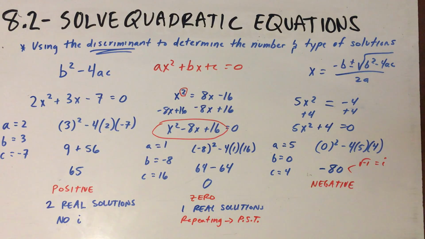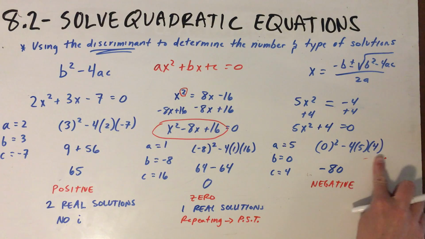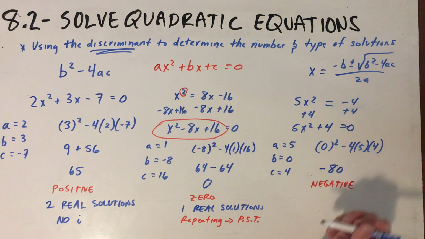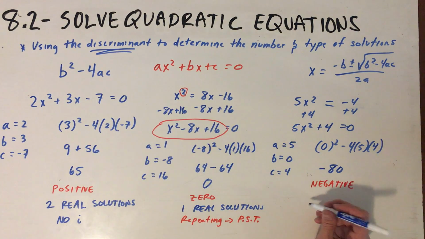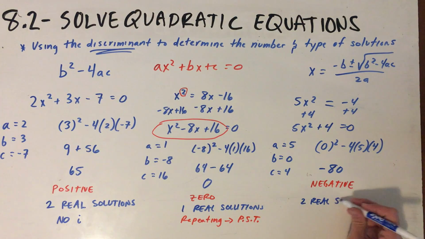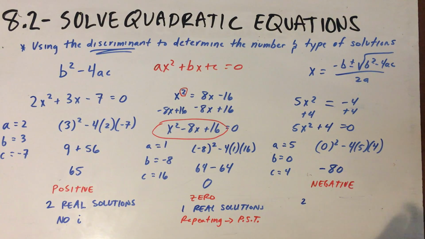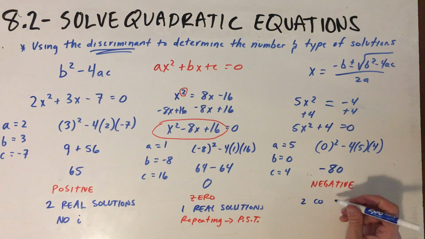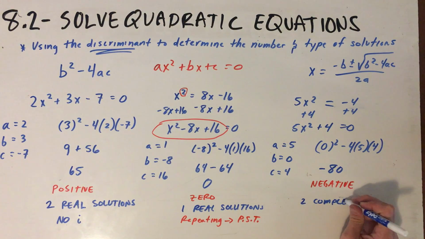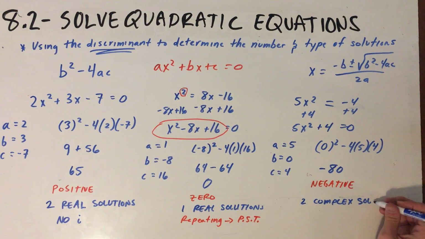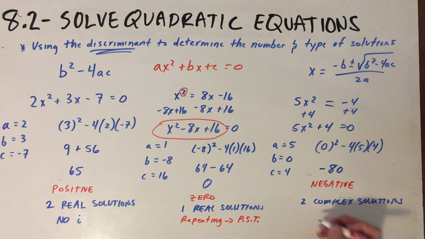So when you have a negative number for the discriminant, then you will get two complex solutions. What that means is they'll contain i.